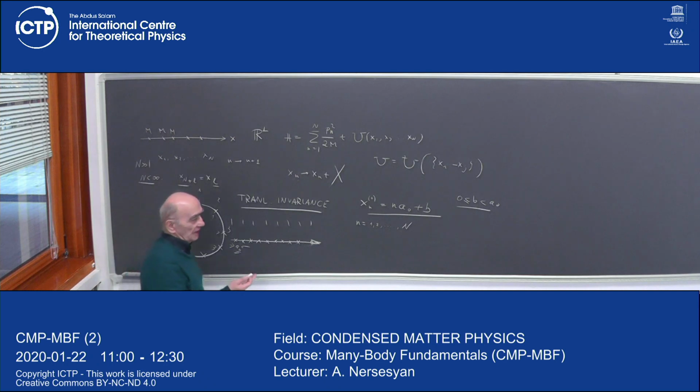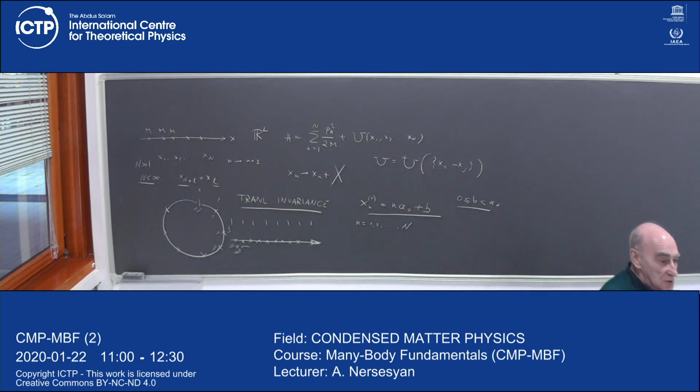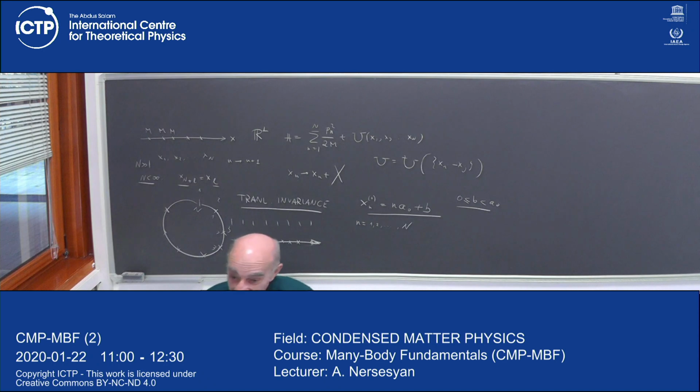Which means that, in fact, we've got not one, but a continuum of solutions. The continuum is parameterized by a continuous parameter b, which varies between 0 and a0. And any such solution is okay. It's always a crystalline structure, which may be shifted with respect to its location by an arbitrary amount.